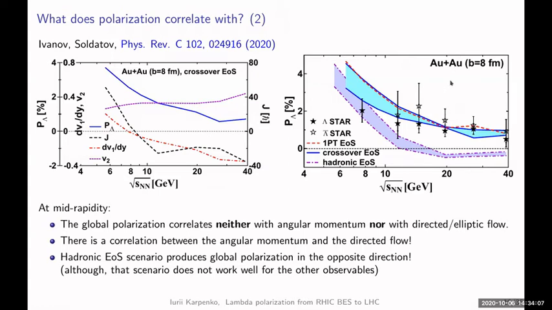because here you can see the equation of state dependence. What they found in the simulation is that the hydrodynamic evolution with hadronic equation of state even changes the sign of polarization at certain energy, which of course doesn't happen in experiment.